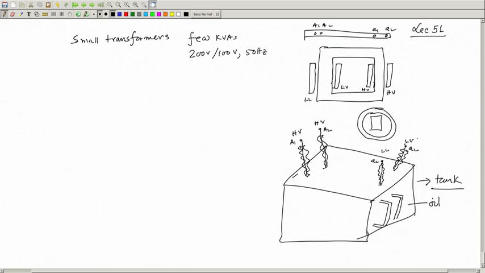This is visually what you will see. These are called cooling tubes. In other words, this whole thing is inside the tank, and the tank is filled with oil.